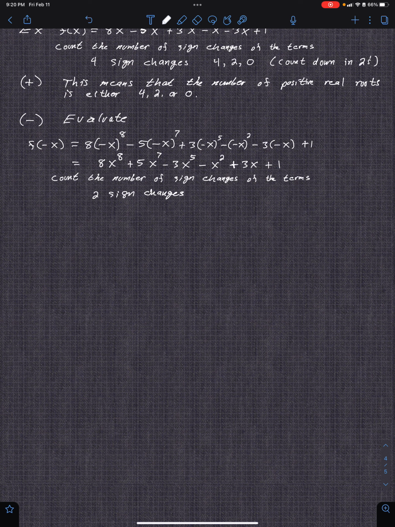Then you count down in 2's just like before. So there are either 2 or 0 negative real roots. Just like before, this means that the number of negative real roots is either 2 or 0.